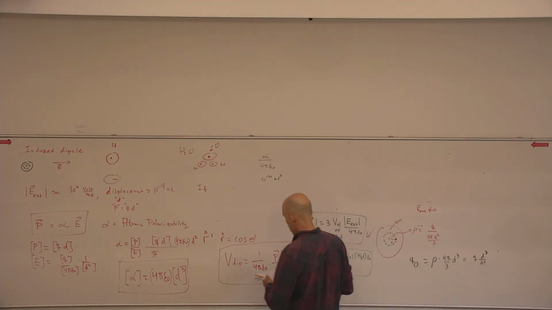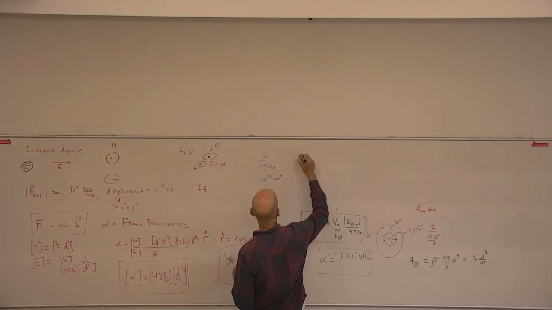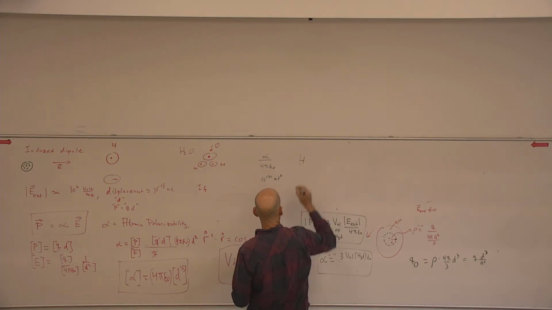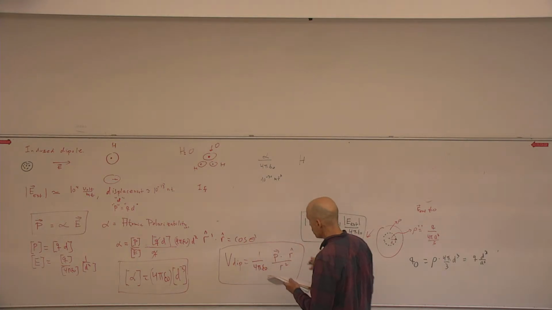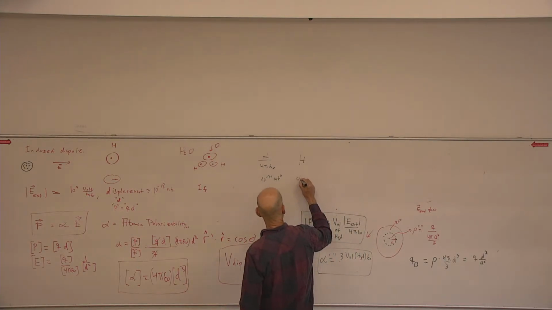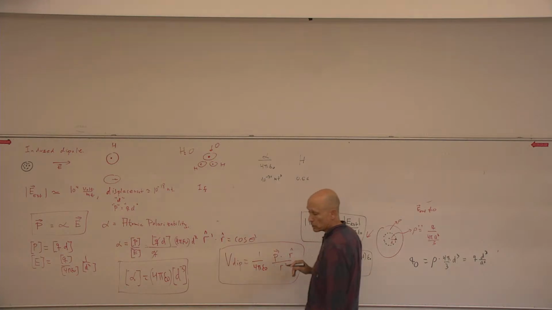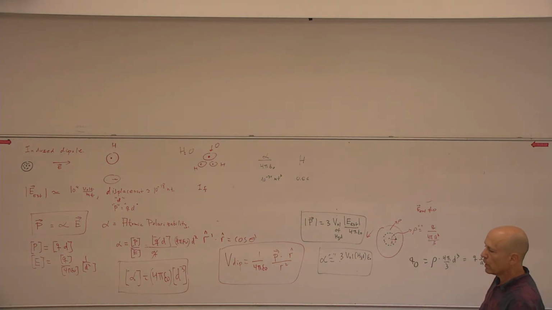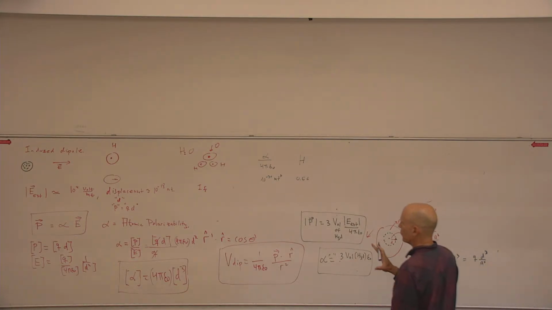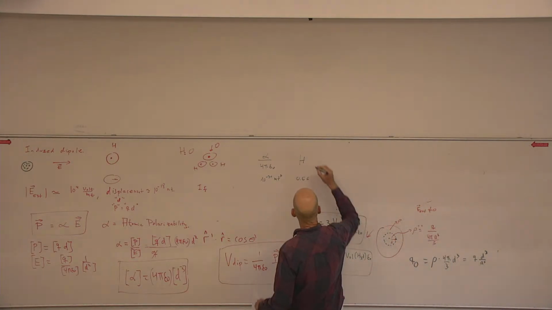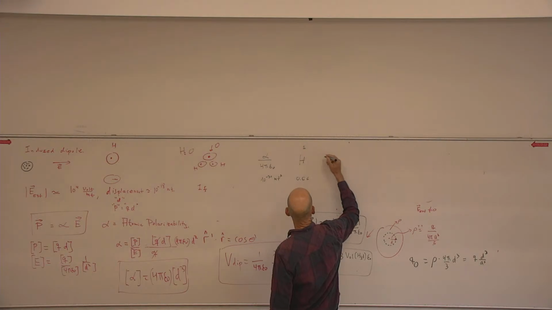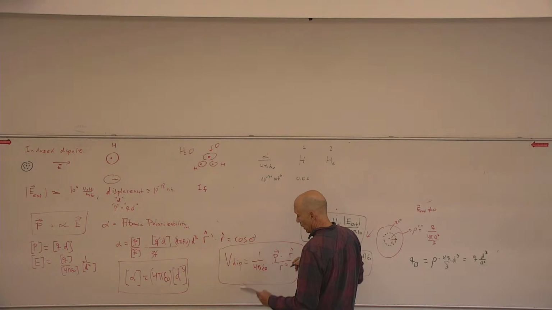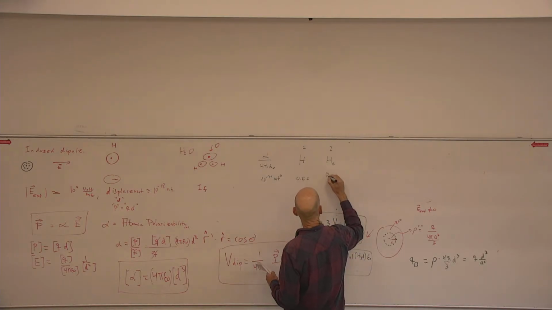And then let's say we have different atoms. So H is the hydrogen, and here the prefactor based on measurement is 0.66. This is measurement in the gas phase. All the atoms are far away one from another, so they are not interacting. You have one electron here, here we have 2, that's the helium. The helium is 0.2.